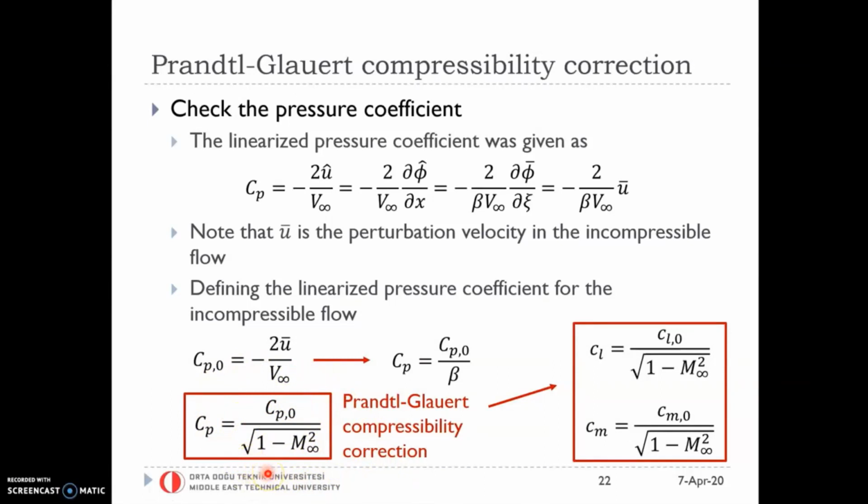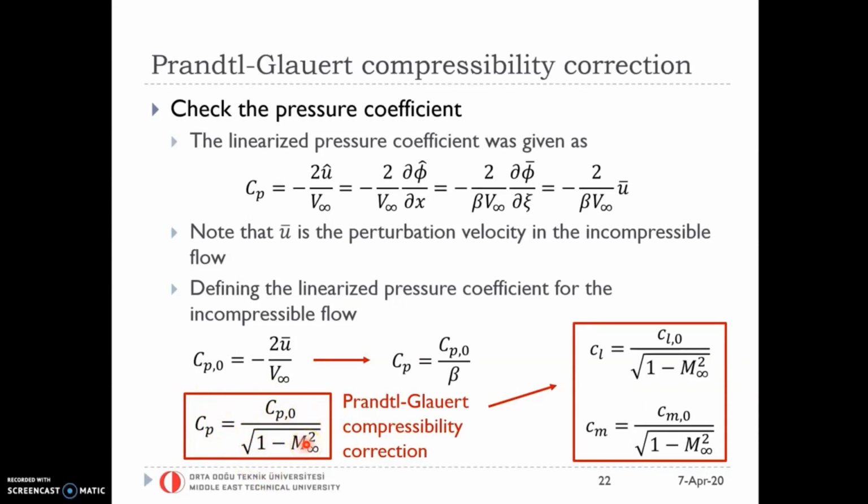So as you can see, the compressible flow pressure coefficient differs from the incompressible flow pressure coefficient by just this factor, square root of 1 minus Mach infinity square.